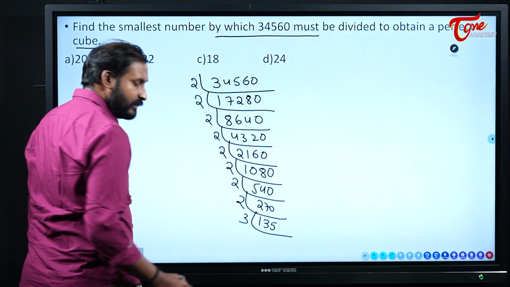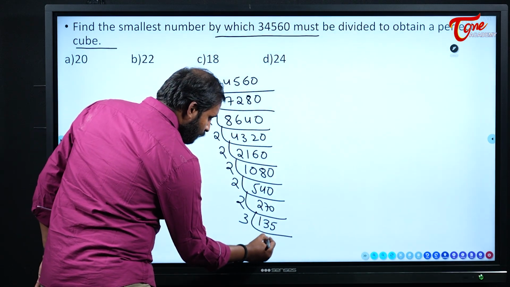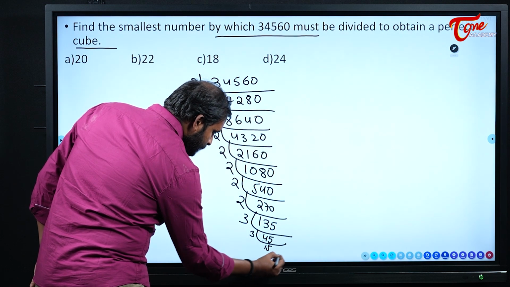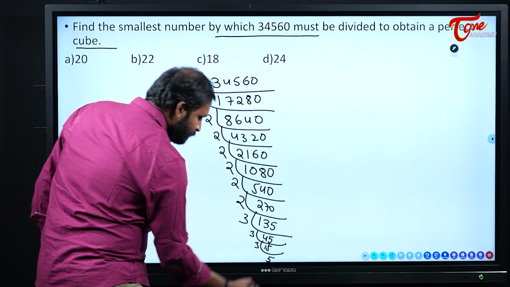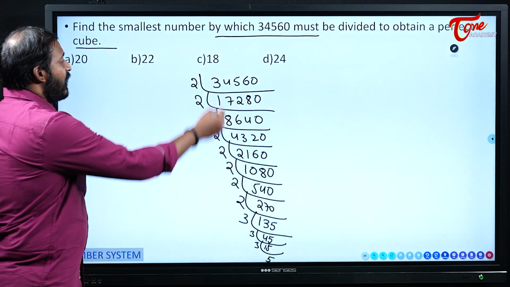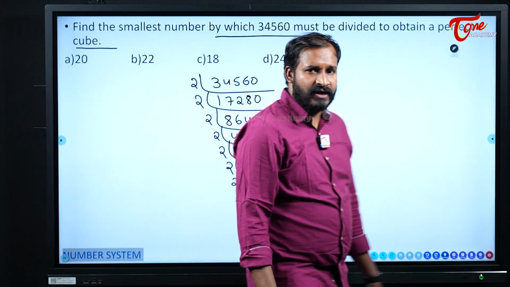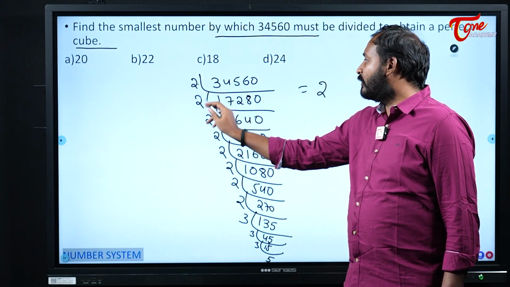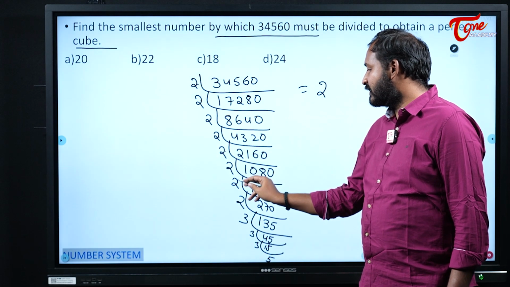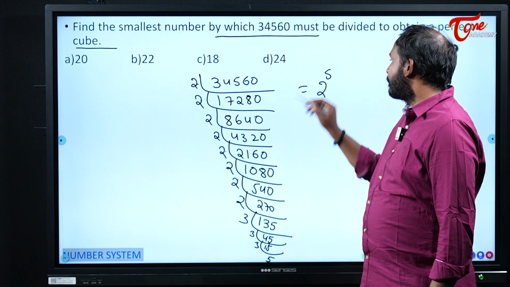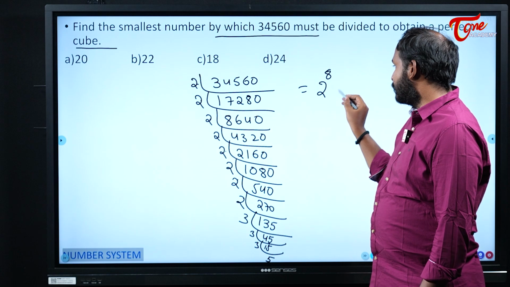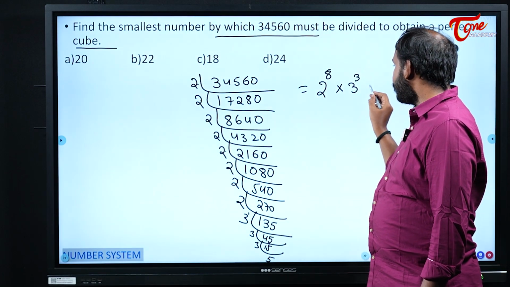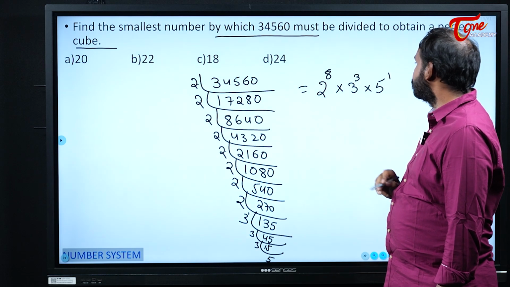So what will you get here? 3, 45. 3, 15. 3, 5. So what is the value of this number after the prime factorization? We can write this number as 2 to the power of 8, into 3 to the power of 3, into 5 to the power of 1.